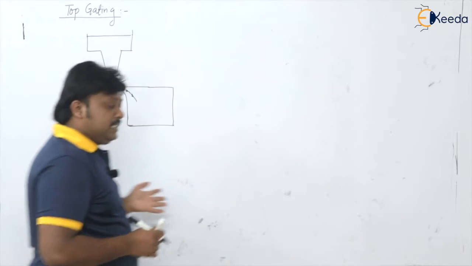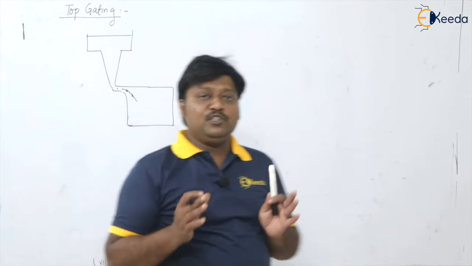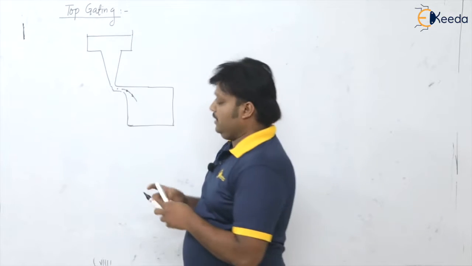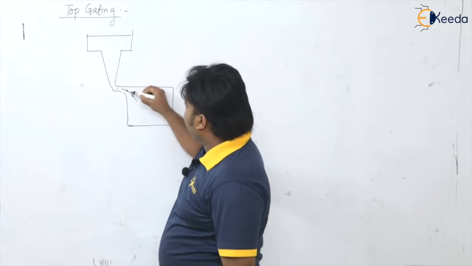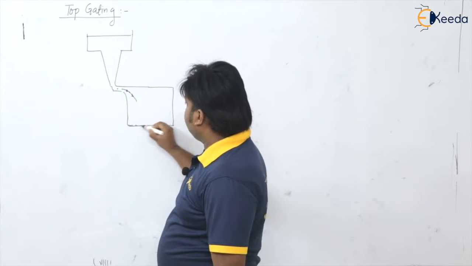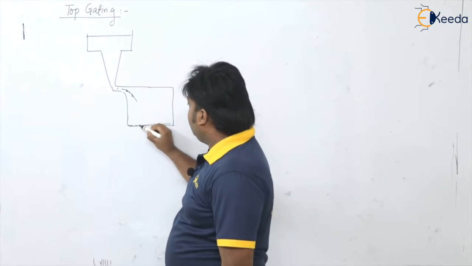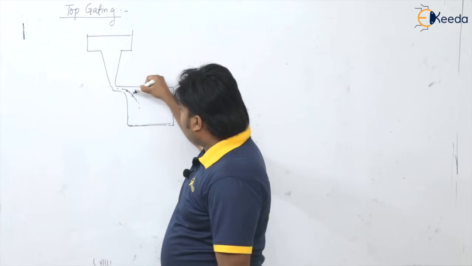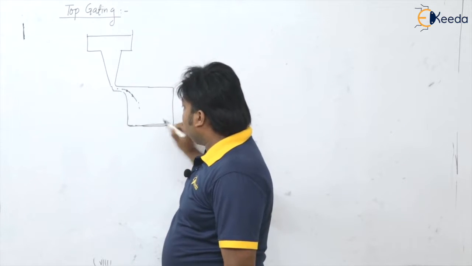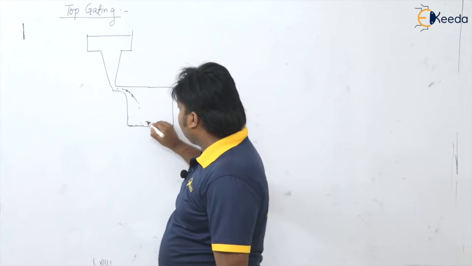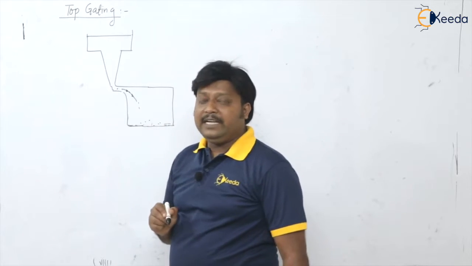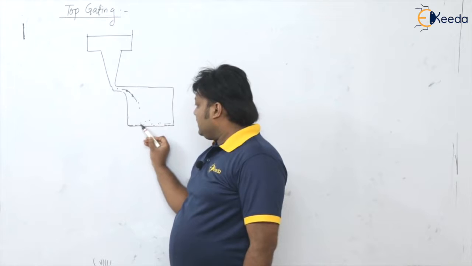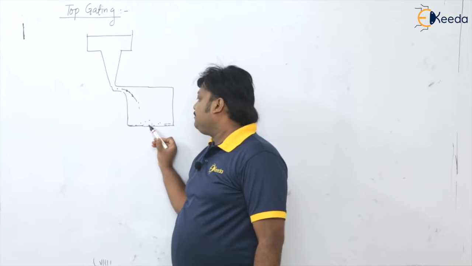Now the thing is that whenever we are using the top gating system, what happens, as the molten metal is falling from the top onto this sand here, the sand mold. Because of this impact caused by this molten metal jet onto this sand, the erosion of the sand will take place. Okay, and when the sand erosion takes place, what happens?